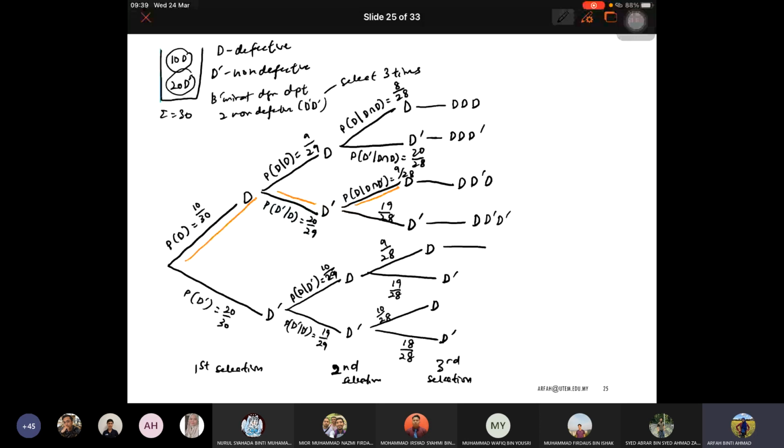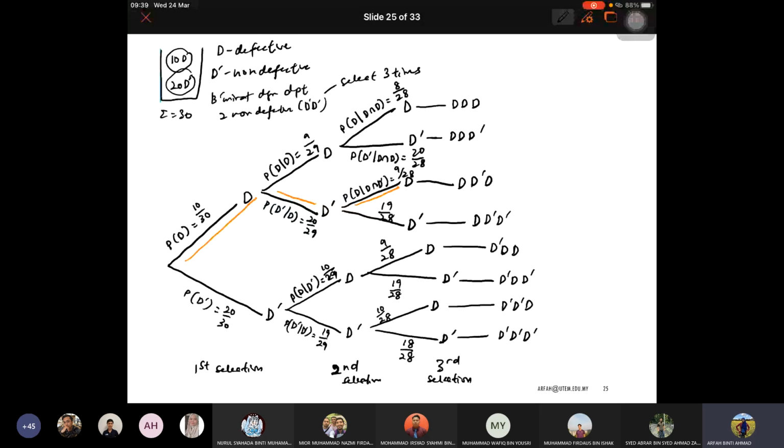So yang ini adalah dapat D prime first, then defective on second and third. And this one you get defective first, non-defective and defective. And this one is D prime, and D. And this is for the case you get all non-defective. So soalan dia kita berminat yang dapat 2 non-defective.